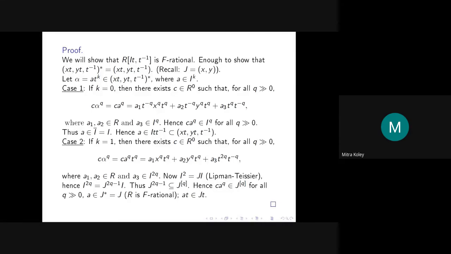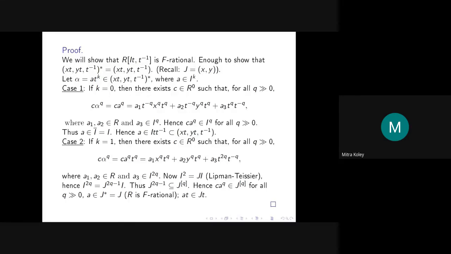Here we recall that J is the ideal generated by x and y. Let alpha be a homogeneous element in the tight closure. Note that since (xt, yt, t inverse) is a homogeneous ideal, its tight closure is also homogeneous, and so to show that it is tightly closed, it's enough to check only on the homogeneous pieces.